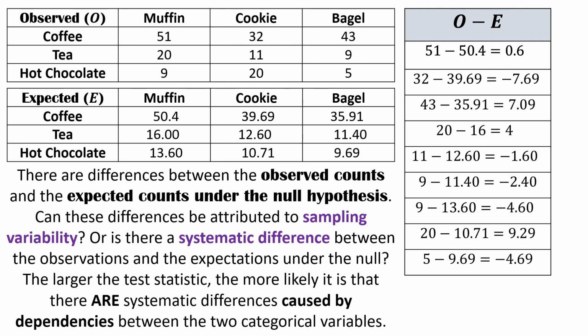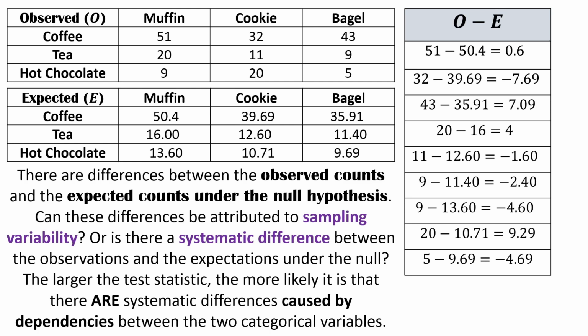Knowing that someone ordered a muffin has no impact on the probability that they ordered a coffee. On the other hand, if we were to find that people who order muffins are more likely to also order a coffee, more likely than 0.63, then that would indicate that there is a dependency between those two choices.